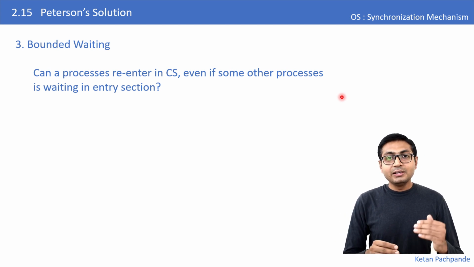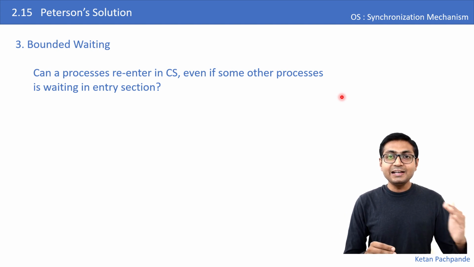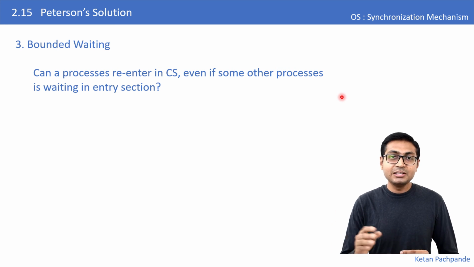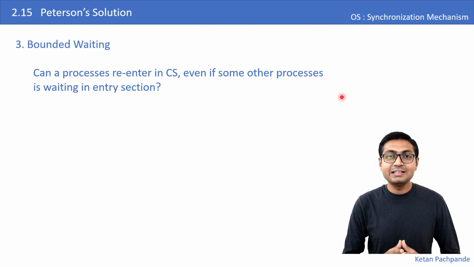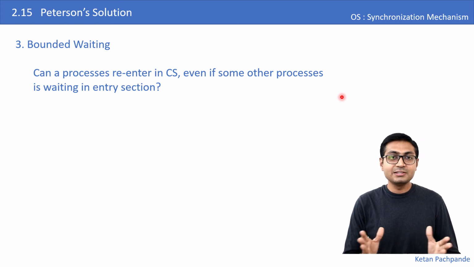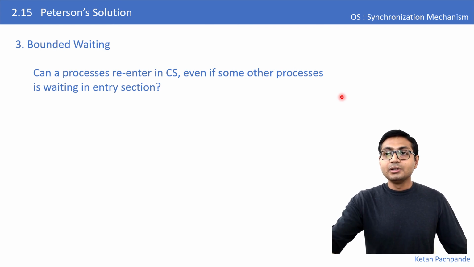If the process gets the re-entry into the critical section while someone is waiting, then in that case we say that the bounded waiting is not guaranteed. Otherwise it is guaranteed. So let me explain with the help of the same program.